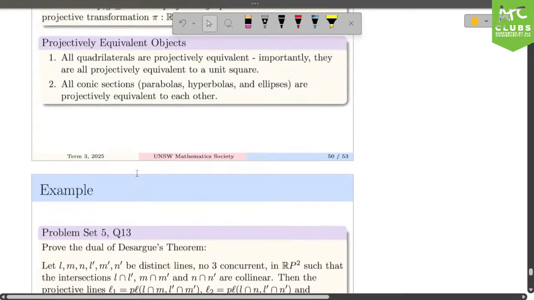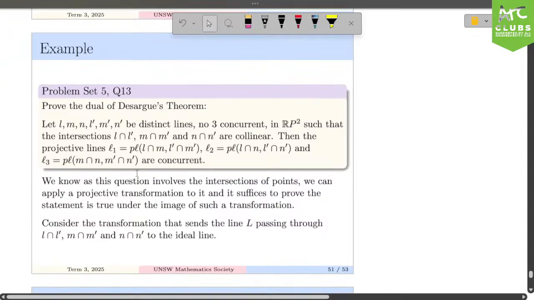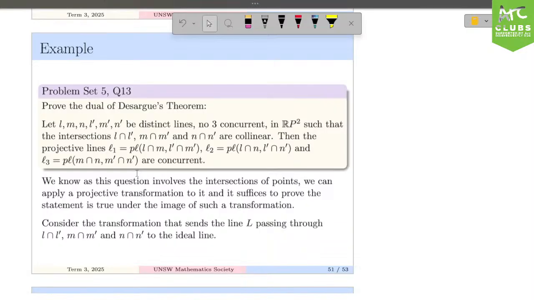Oh, I was trying to scroll up to the previous. That's all right. Okay, that is not first now.